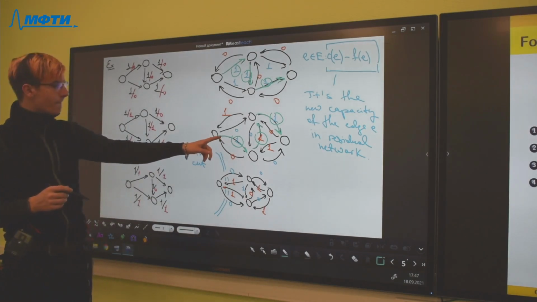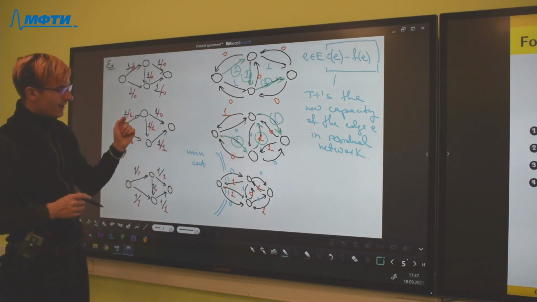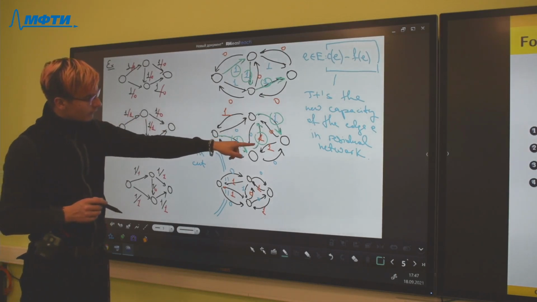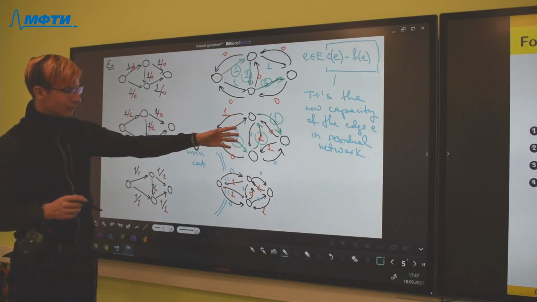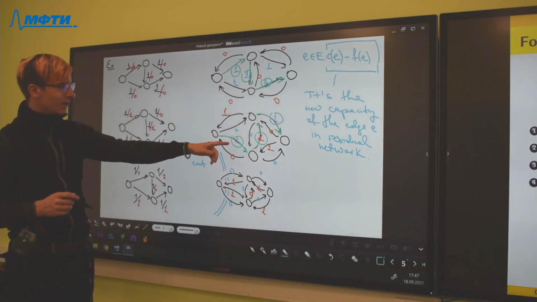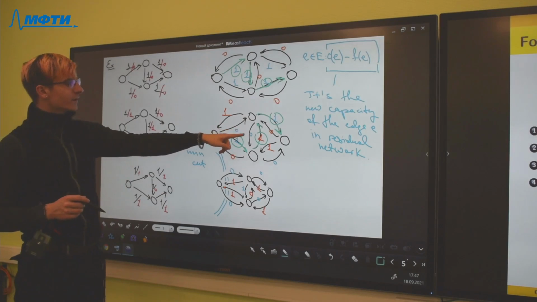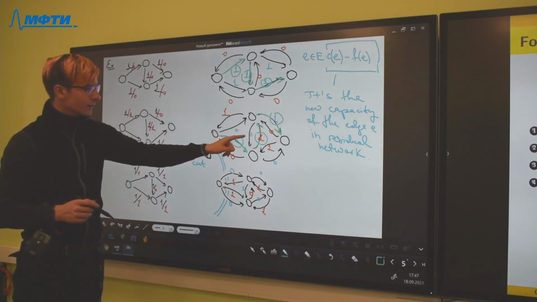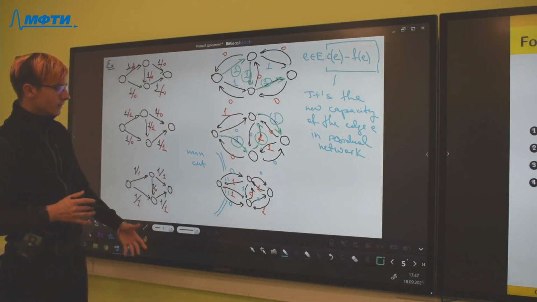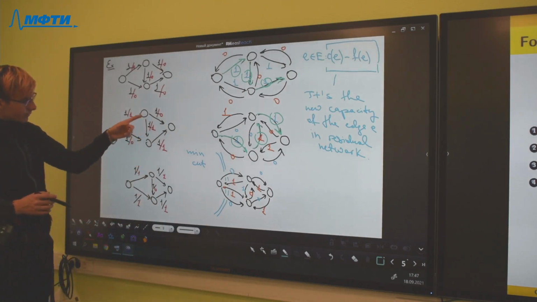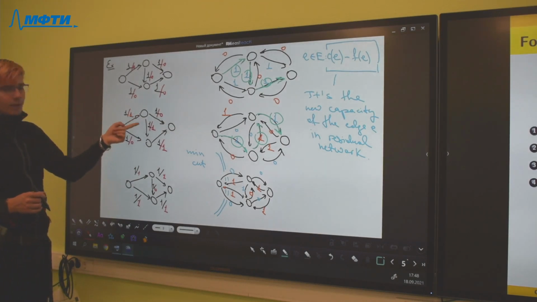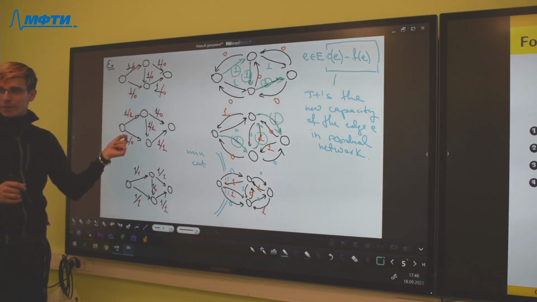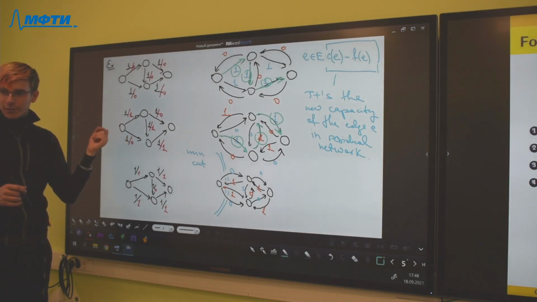So now we have this edge with orange capacity. I mean that this color is a backward edge, and it means that we need to decrease flow through this edge, not to increase, to decrease.